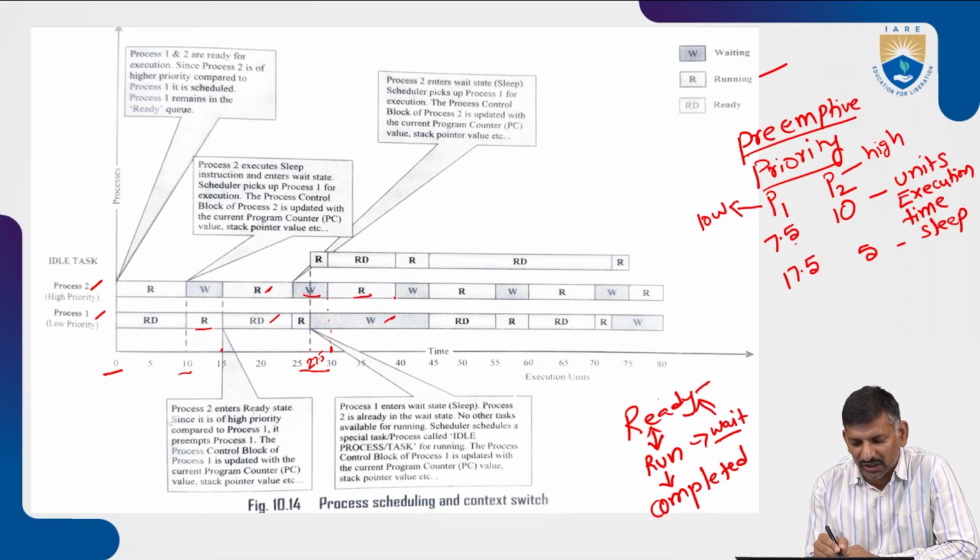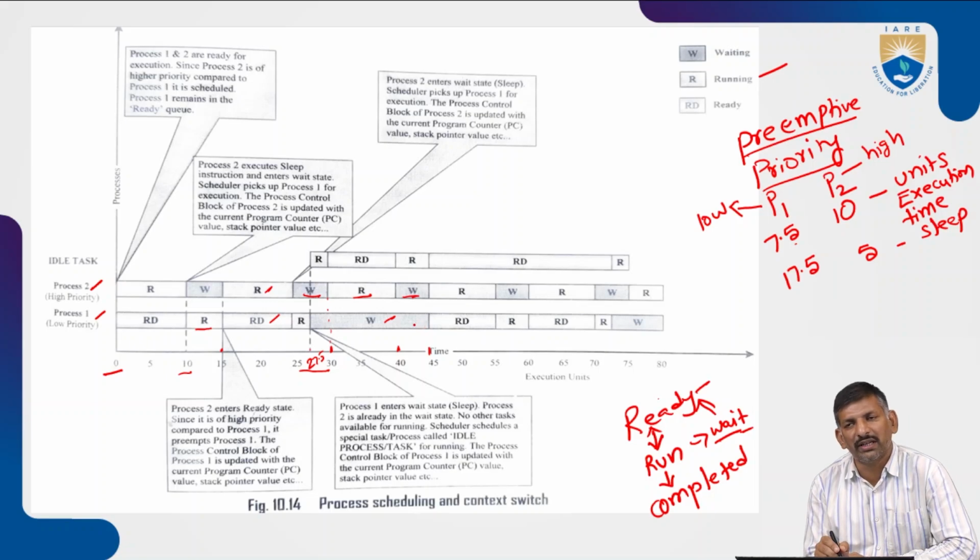After 10 units of time, 30 plus 10 gives 40. At 40 units, P2 goes to the waiting state for 5 units of time, up to 45. P1 is also in the waiting state.